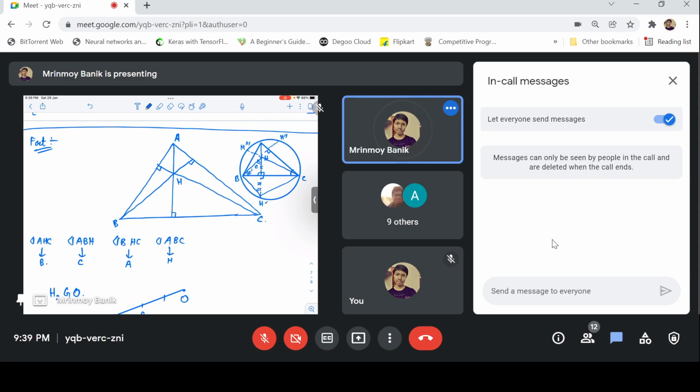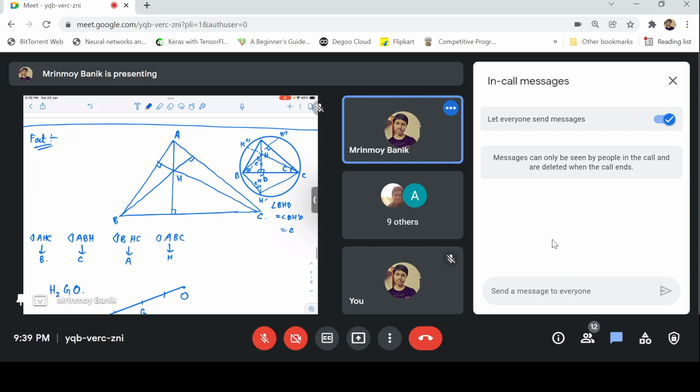This is C. So angle BHD equals angle BH bar D equals C, and this is also C. That implies H dash is on the circle, right?